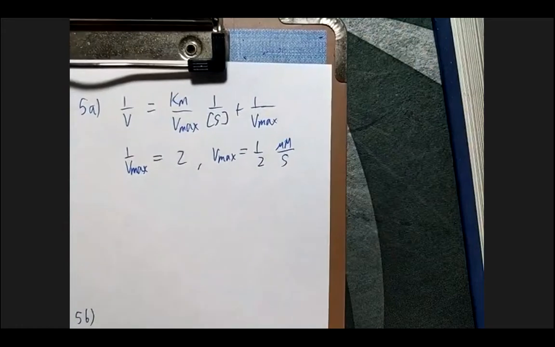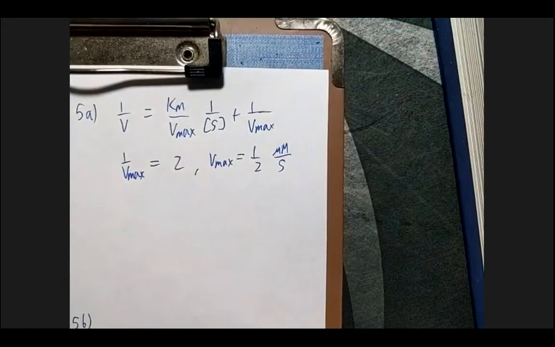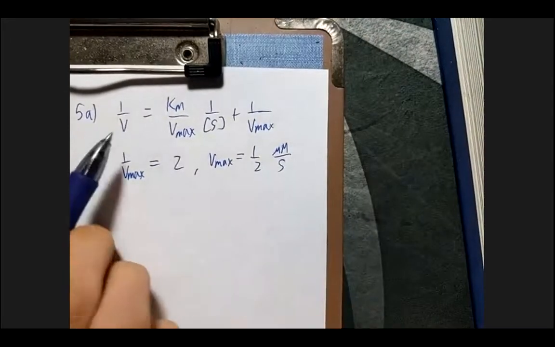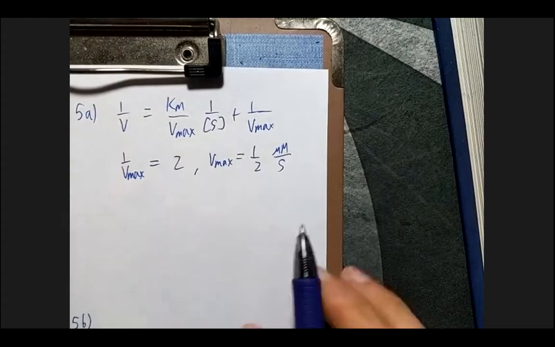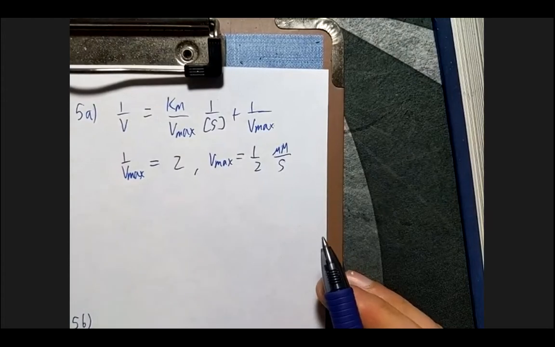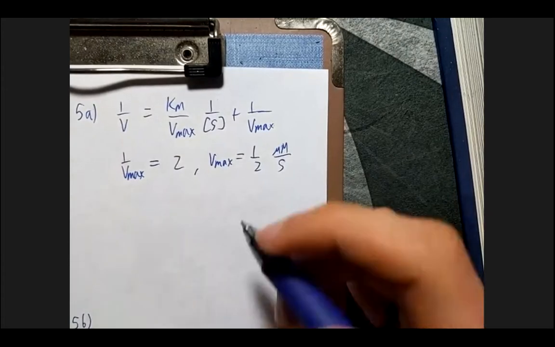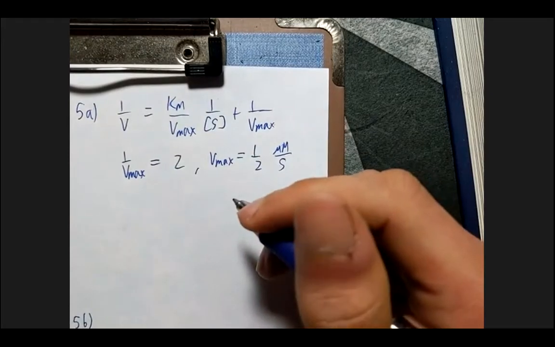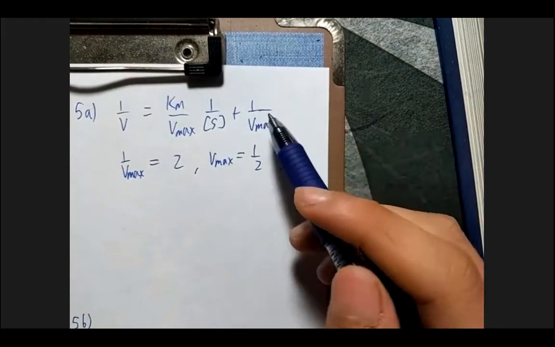Then you are given data on the right side of the graph, 1 over v naught, which here would be just this 1 over v. Plugging any pair of values into that, you should have two equations that you end up subtracting.